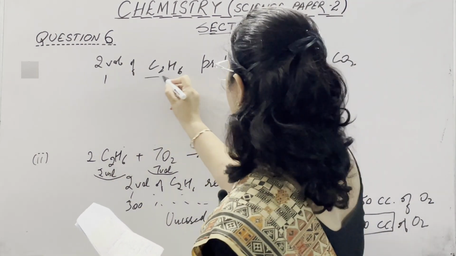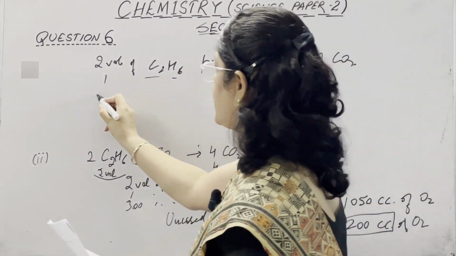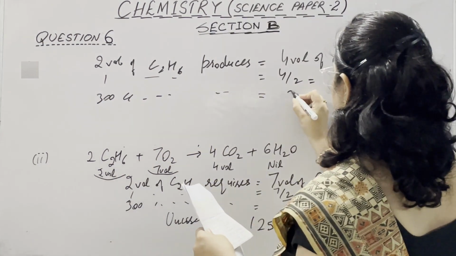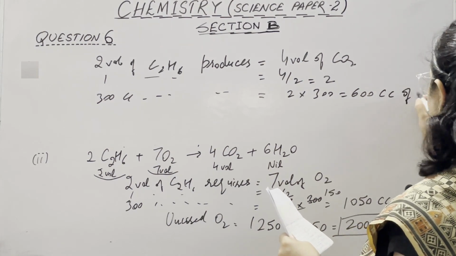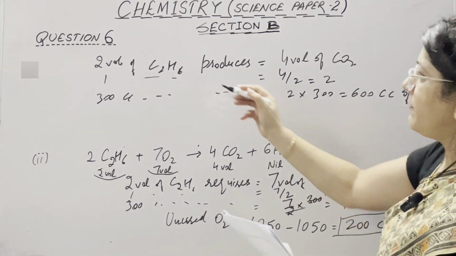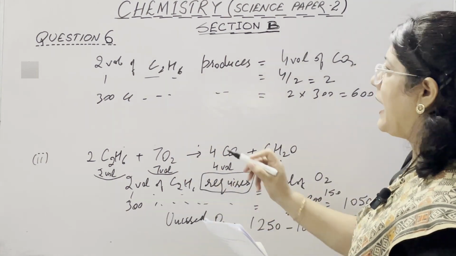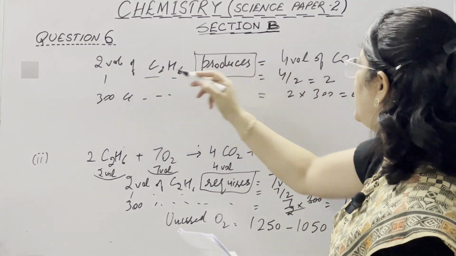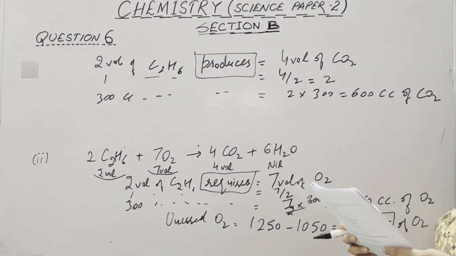If we take 1 volume, then 4 upon 2, it means 2, and given is 300 cubic centimeter of ethane, it produces 2 into 300. It means 600 cubic centimeter of carbon dioxide is produced. So when we are taking the reactant side, we need to write requires, and if we are taking the product side, we need to write produces. 2 volumes produce 4, then 300 produces 600 cubic centimeter of carbon dioxide.